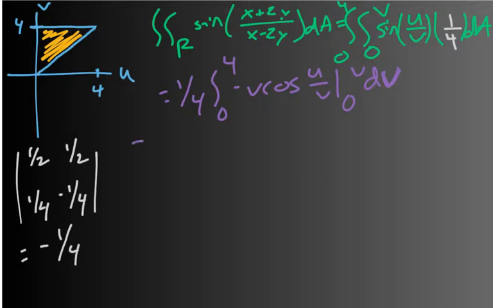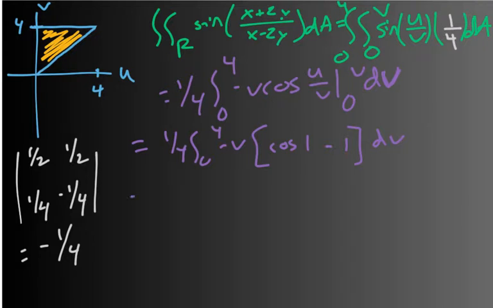If you do that out, you can pull the v out, you're going to get cosine of 1, because v over v, minus 1 dv. So that's all constant.